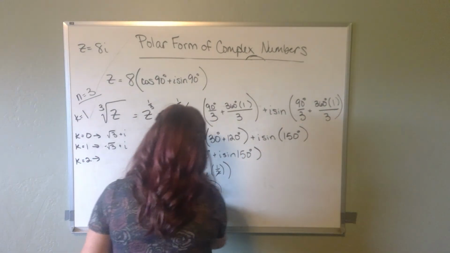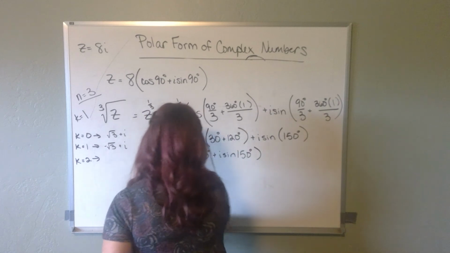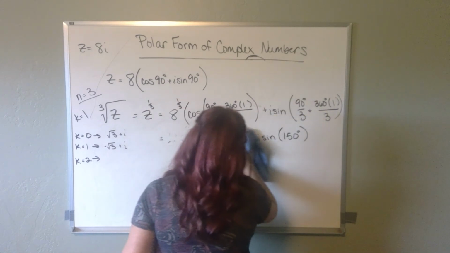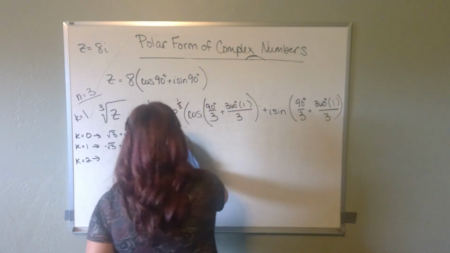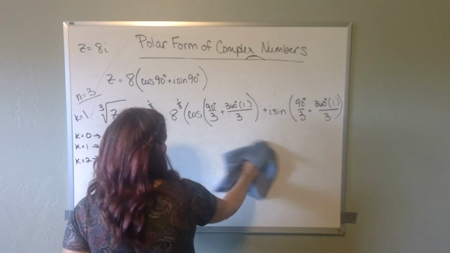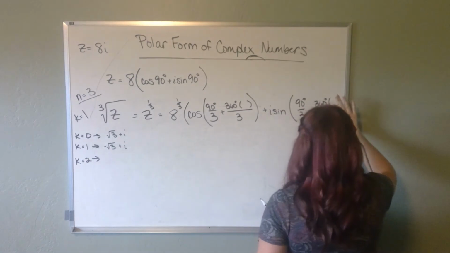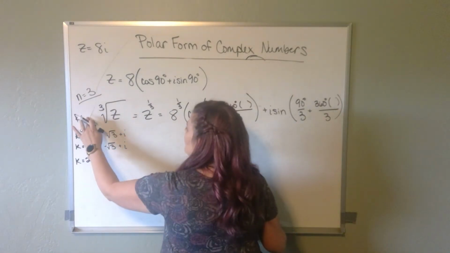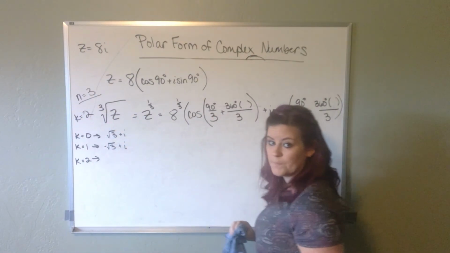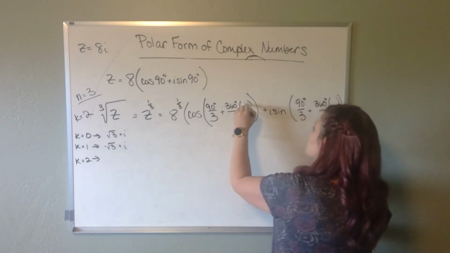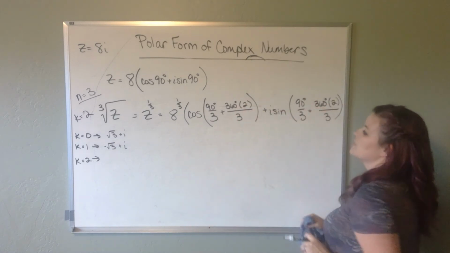So let's go back to this line here. Remember, all that changes is the k, the number with the 360. This time, we're putting in k equals 2.